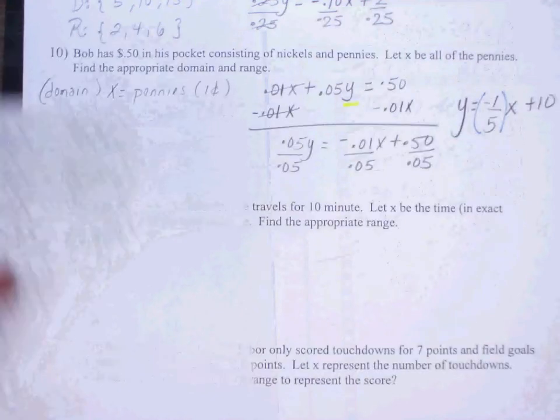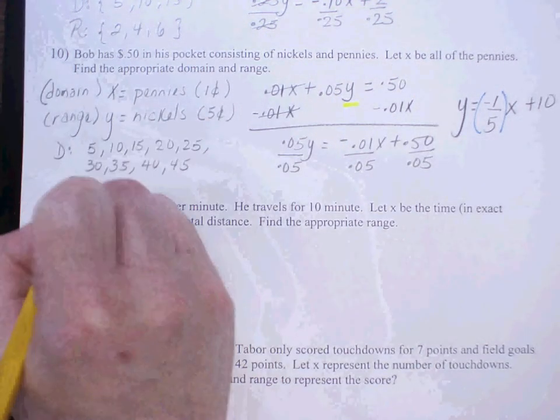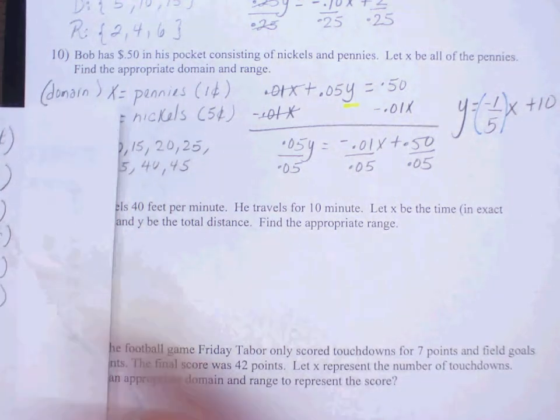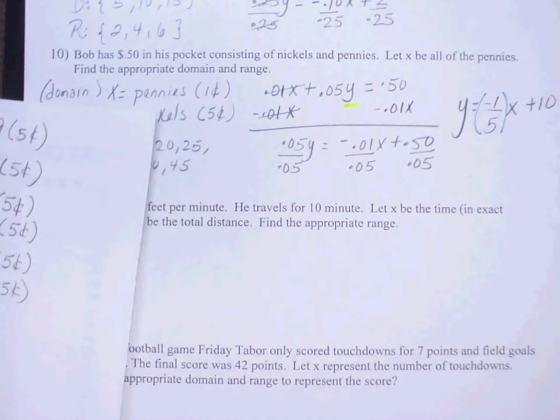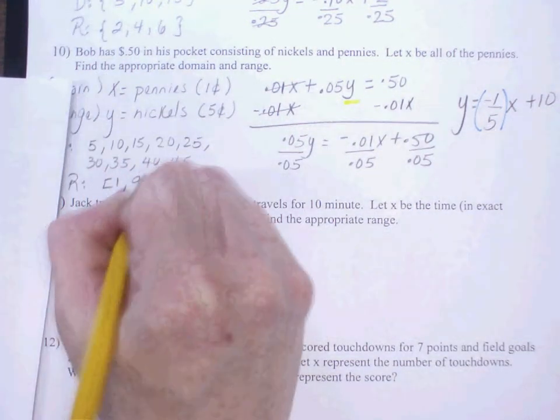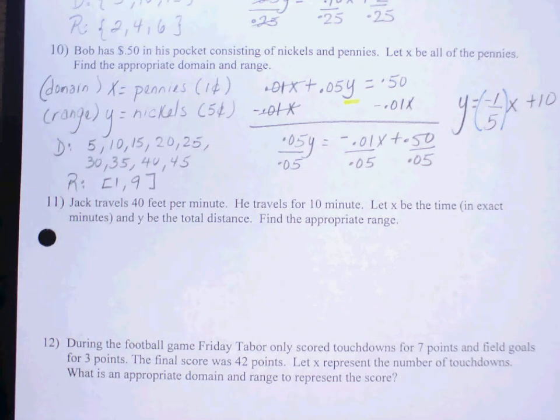And then my range. 1, 2, 3, 4, 5, 6, 7. Oh, can I just go ahead and write from 1 to 9? Yes.